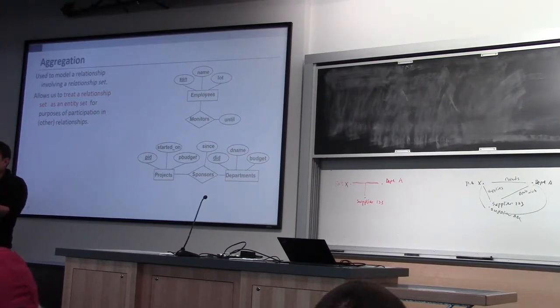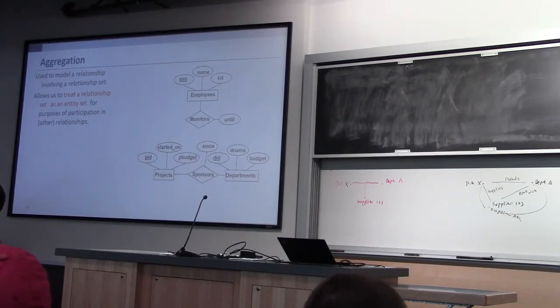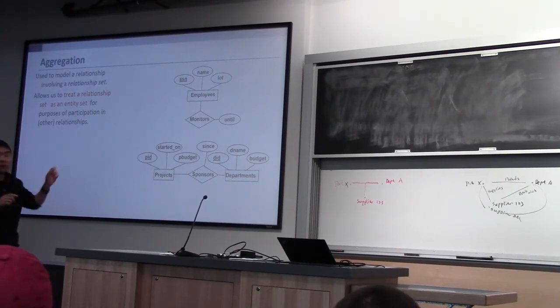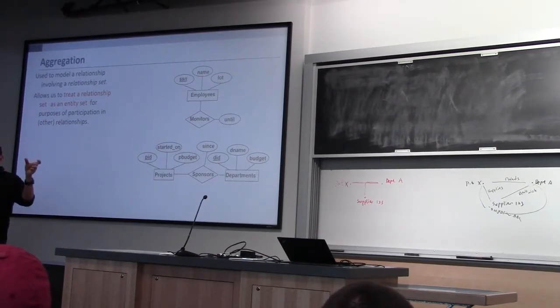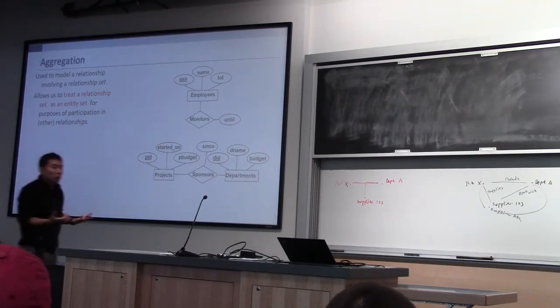Do you see the argument for that? So essentially you're saying, I'm going to introduce a relationship between an entity, which is an employee entity, and this sponsor relationship. But I just said we cannot do that. You cannot connect an entity with another relationship through a relationship. You can only connect entity with entity using a relationship. So what do you do?